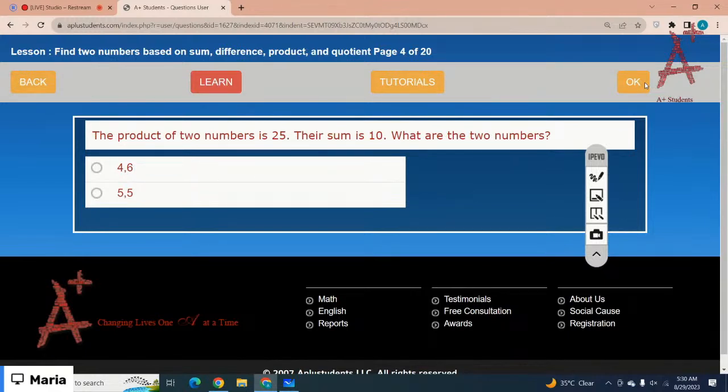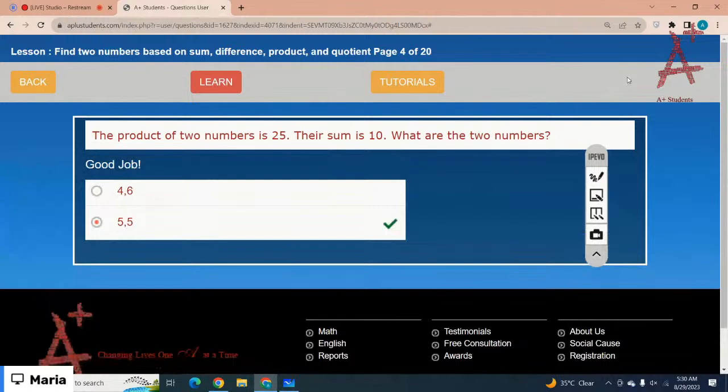The correct option is 5 and 5 because 5 times 5 makes 25 and when you add, they make 10, right?